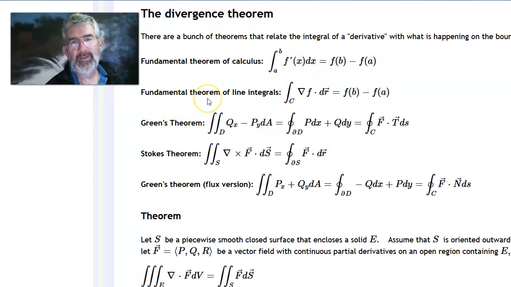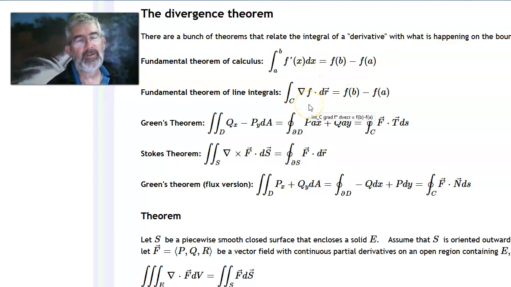In this course, we then saw the fundamental theorem of line integrals that says if you've got a function f and you're looking at the gradient field of f, then the line integral along a curve, this could be in the plane or in space, of the gradient of f dotted with dr, so that's the line integral of the gradient along the curve, is just equal to f of b minus f of a, where b and a are the starting and ending values of the parameter to get you from one end of the curve to the other, right?